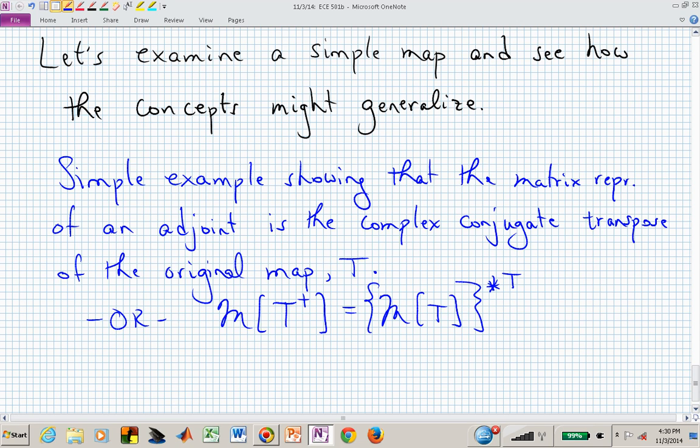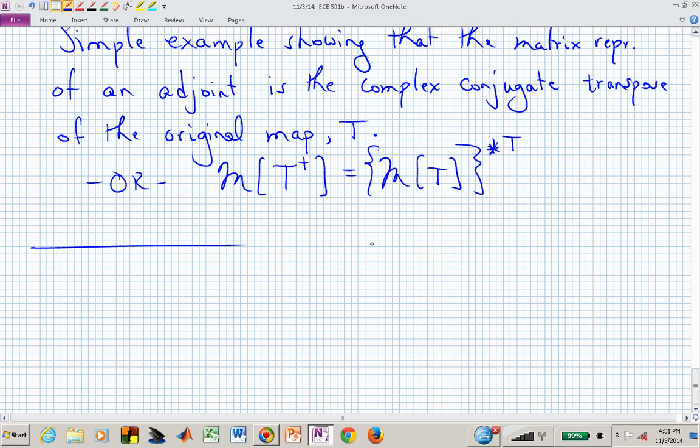We take the matrix representation of the original map T, transpose it, and conjugate all of the entries. That's the concept. And that assumes what? That we're dealing with all of these on an orthonormal basis. So that assumption is what is underlying this whole process.